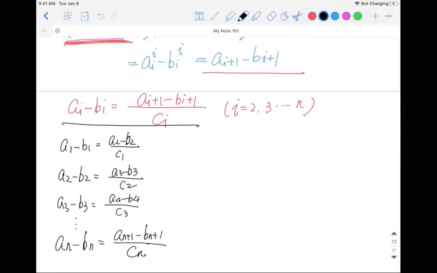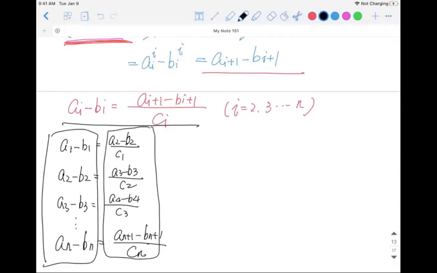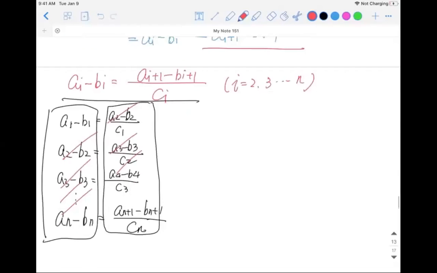What's going to happen is I'm going to multiply all the left sides together and multiply all the right sides together. As long as you multiply them together, you see a lot of terms can be cancelled. Everything can be cancelled. So putting everything together, you'll only have the last term. Is that right?